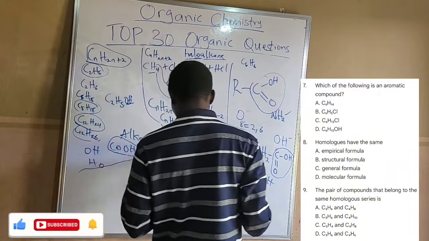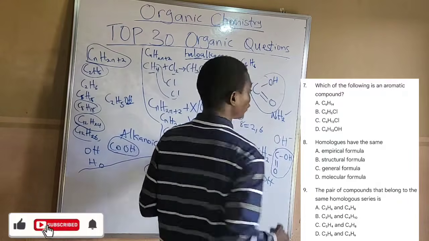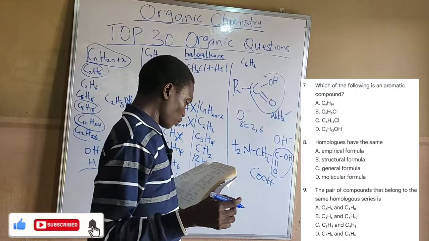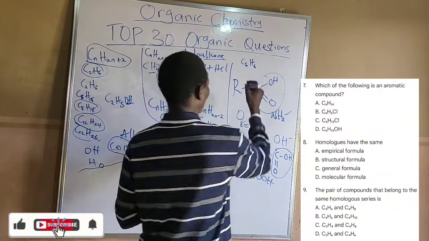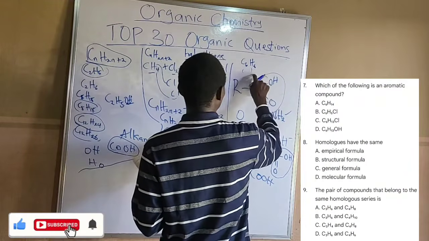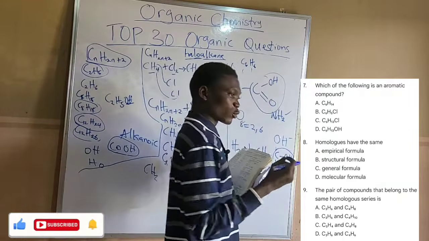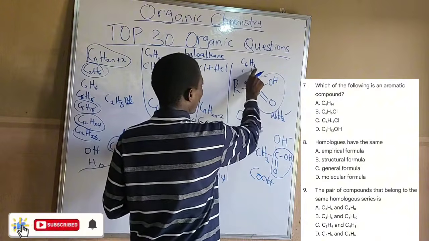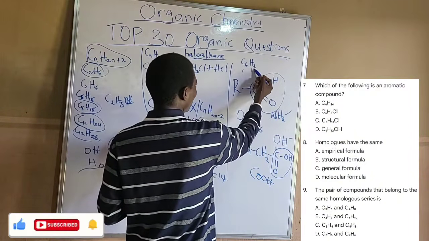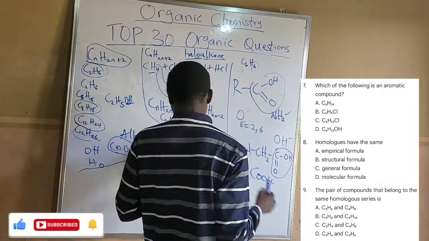Now, looking at option A, can the carbon be 6 and hydrogen 14? Wrong. Option A is wrong.